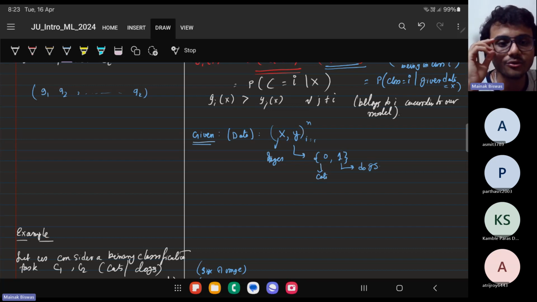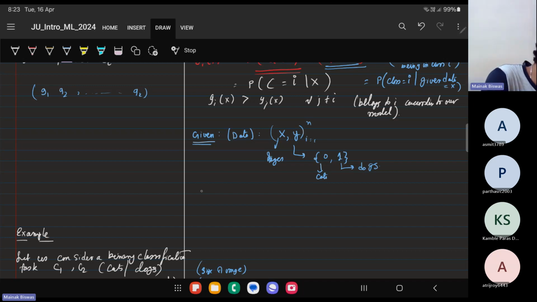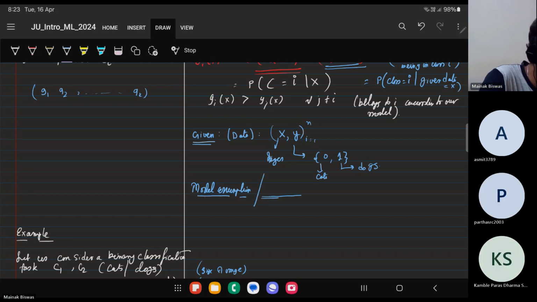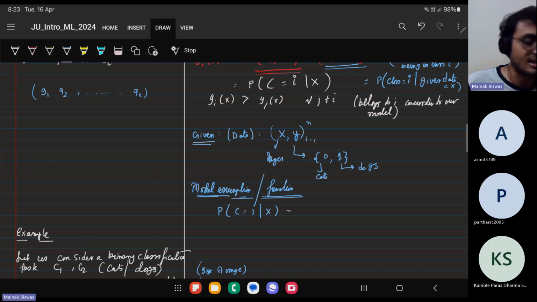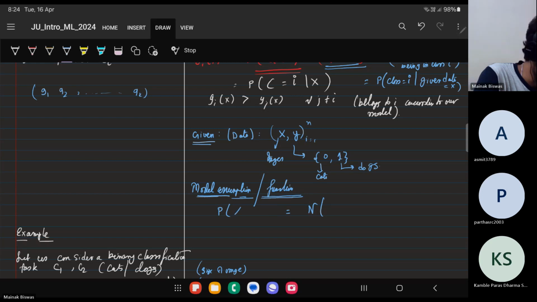What I will propose is my model assumption, or the functions that I'll have, are these. The probability of C equal to 1 given X, let us assume, is some normal, where X is the variable.